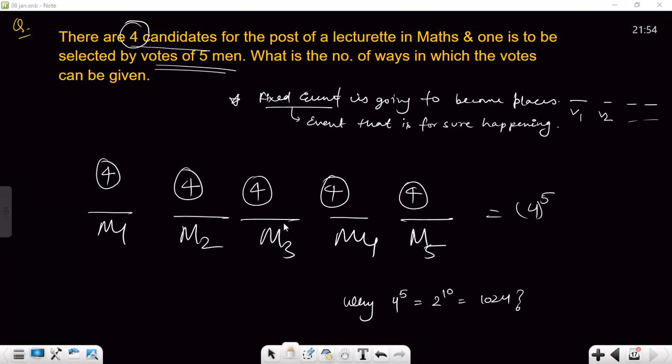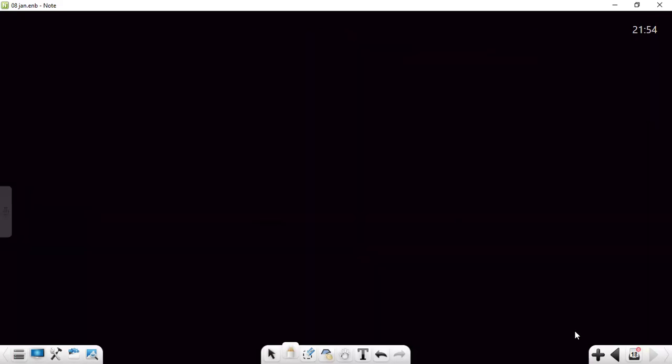No? Because 4 can be written as 2 square. So 2 raised to power 2 raised to power 5. 2 and 5 will get multiplied. Right? And this is the property: a raised to power m raised to power n is a raised to power m into n. Simple. Let's go to the next question.